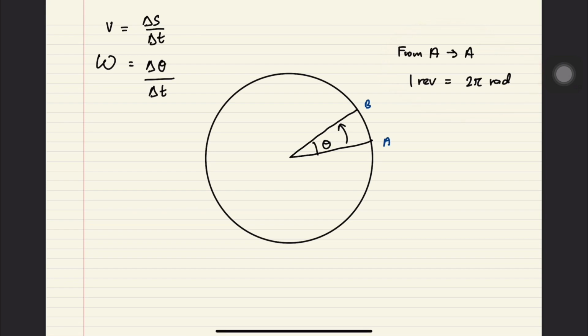And if you are talking about one complete cycle, like these cases over here on the right, delta theta is simply 2 pi. So I can write down my formula: omega becomes 2 pi over the time taken for one complete cycle, starting from A to A. So the time taken is 1 period. One complete cycle, the time taken is the period.